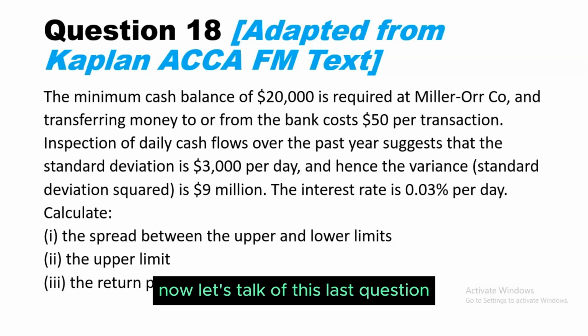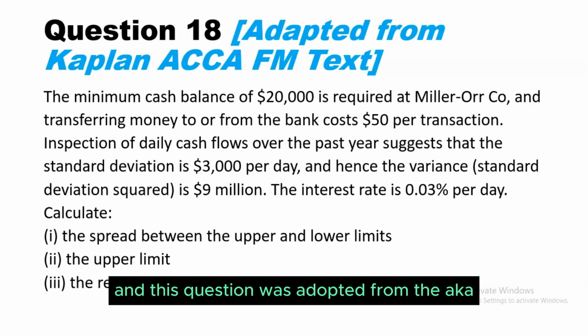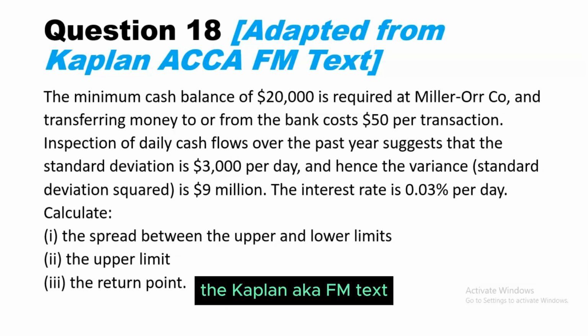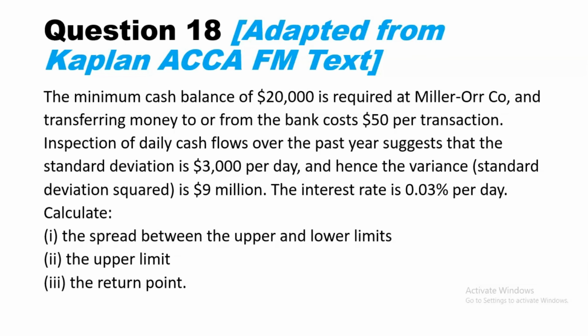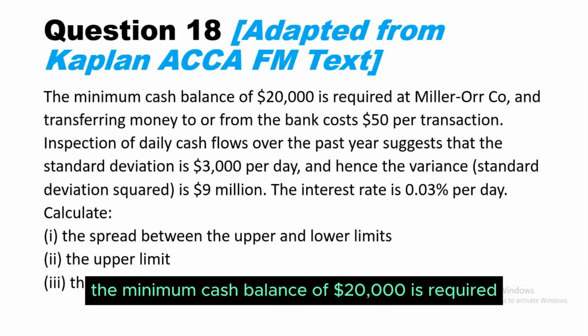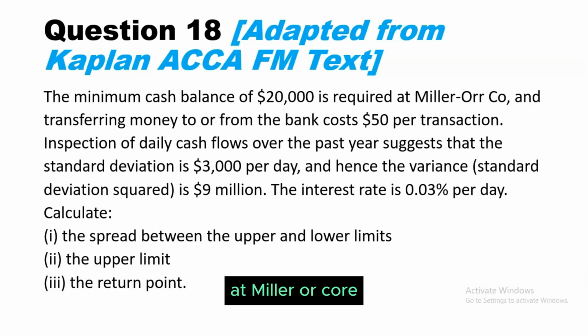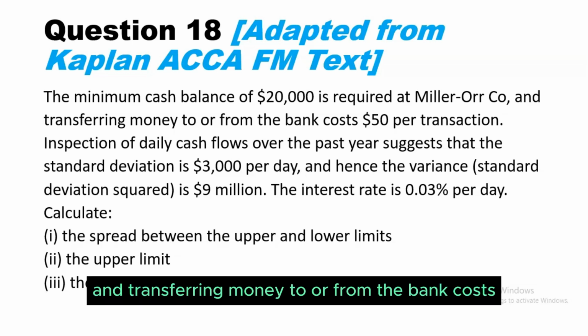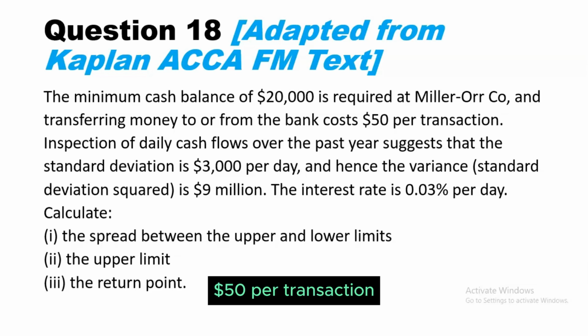Now let's talk of this last question, and this question was adopted from the ACCA, the Kaplan-ACCA FM text. The minimum cash balance of $20,000 is required at Miller Co, and transferring money to or from the bank costs $50 per transaction.